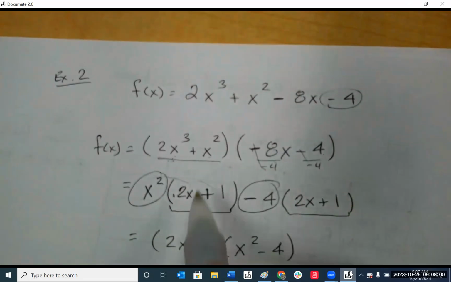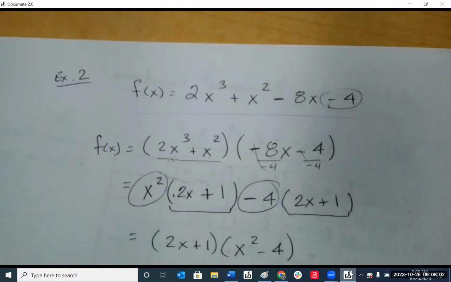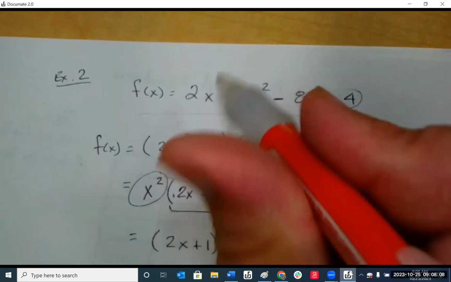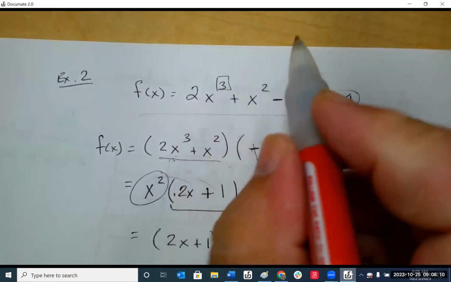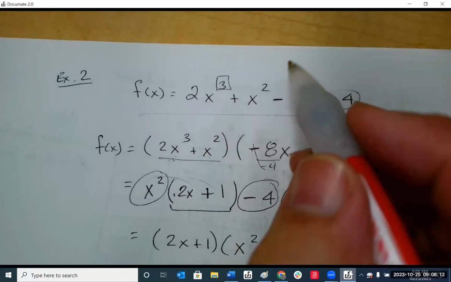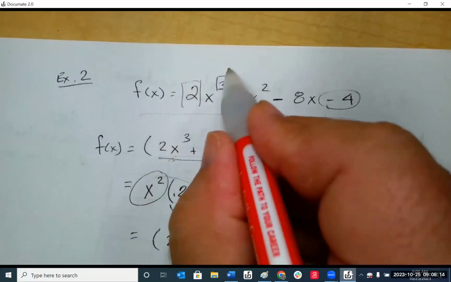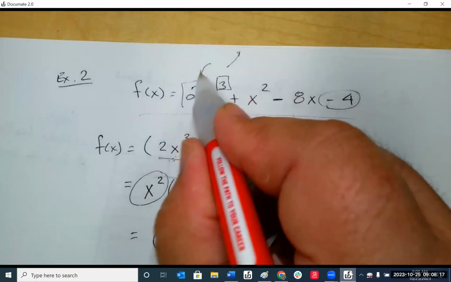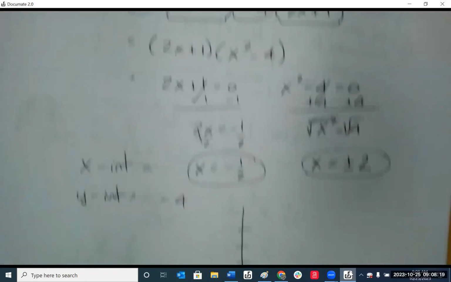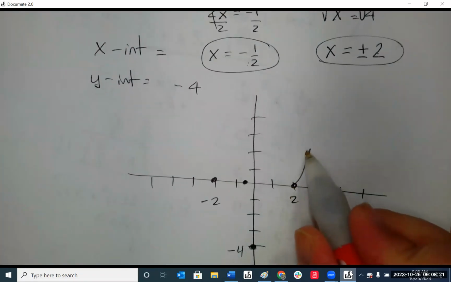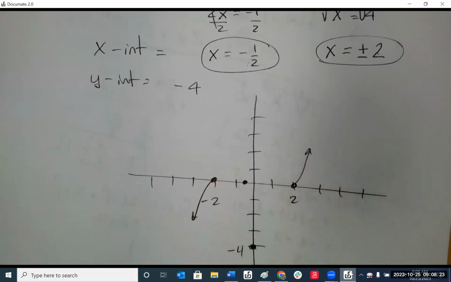Look at the original equation. Right. Because the degree is 3, both ends point opposite directions. Since 2 is positive, the right side goes up, the left side goes down. So from this side, it goes up. From this point, it goes down.